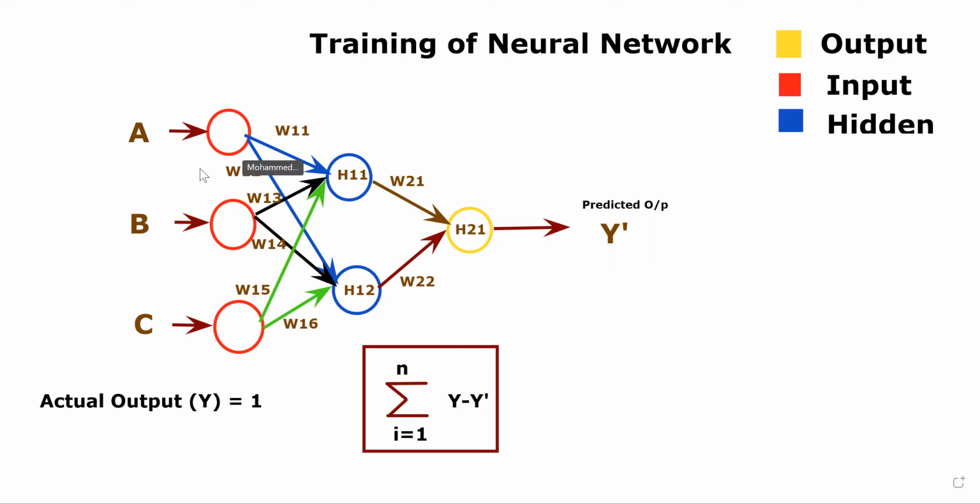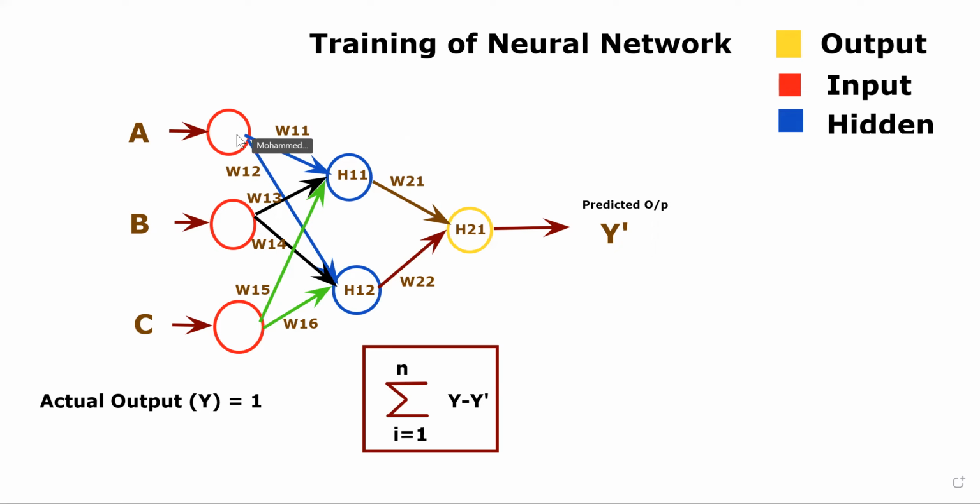In this diagram, you can see the red circle indicates the input layer, the blue circle indicates the hidden layer, and the yellow circle indicates the output layer. We can also see some W elements here. These are nothing but the weights.